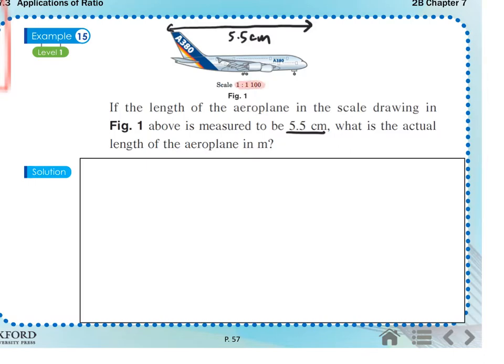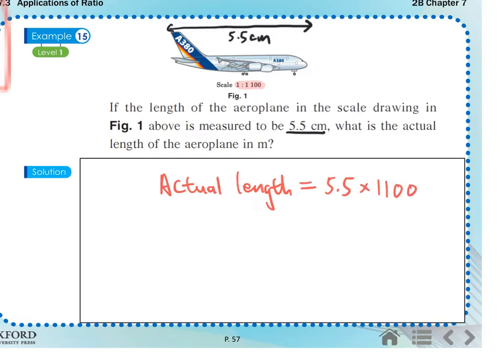How do we find the actual length? That means it's enlarged by 1100 times. And then we have found the actual length. So 5.5 times 1100.